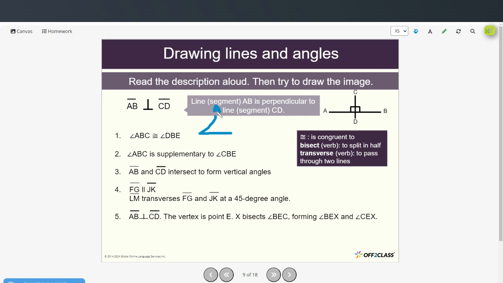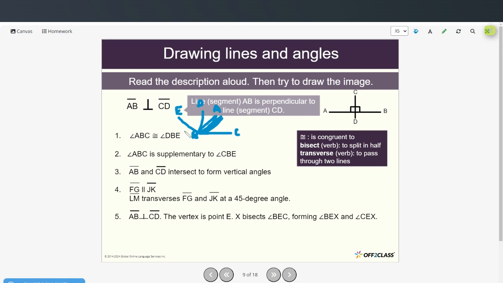So A, B, C, and then D, B, E. It's really hard to see that, but it's not perfectly straight there.